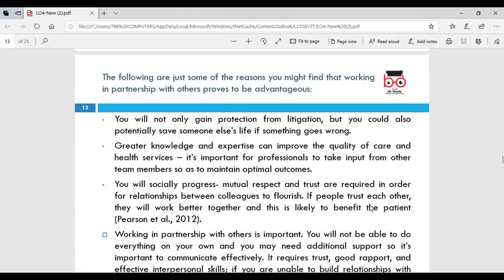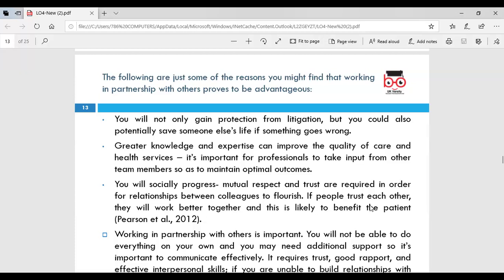There's no one who is foolproof. When you have someone who has greater knowledge and expertise, this will improve the quality of care and health services. It is important for professionals to take input from other team members so as to maintain optimal outcomes. It's a healthy relationship that should always be there.